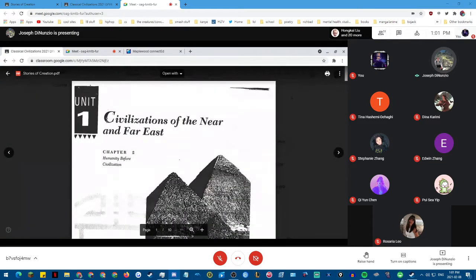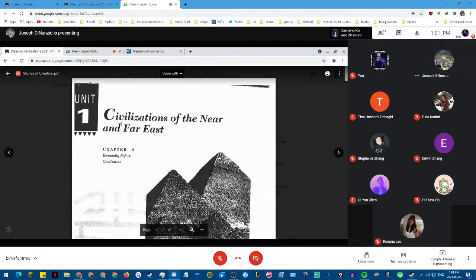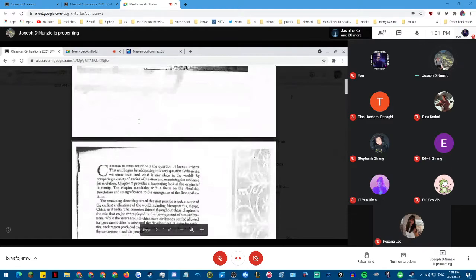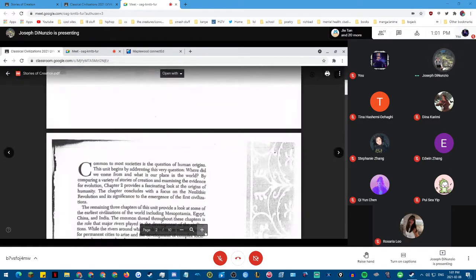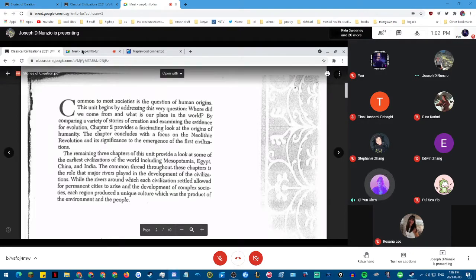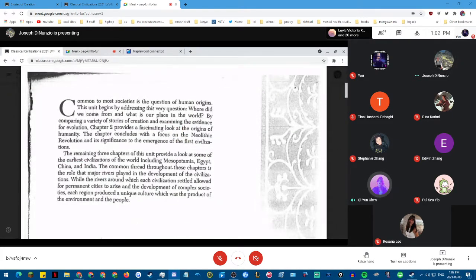Unit 1, Civilizations of the Near and Far East, Humanity Before Civilization. Common to most societies is the question of human origins. This unit begins by addressing this very question. Where did we come from and what is our place in the world? By comparing a variety of stories of creation and examining the evidence for evolution, Chapter 2 provides a fascinating look at the origins of humanity.